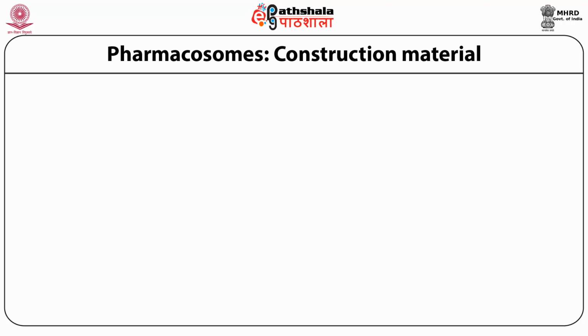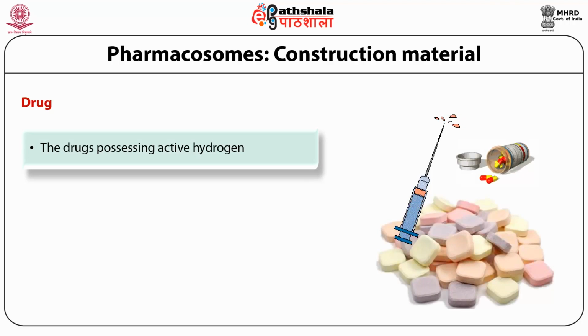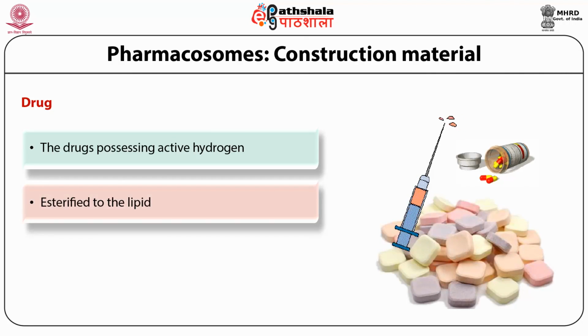Construction material. The construction material that we use in pharmacosomes includes drug, solvent, and lipid. So first of all, I'll discuss the drug. Drugs possessing an active hydrogen atom may be esterified to the lipid with or without a spacer chain, which in turn promotes membrane, tissue, or cell wall transfer of the drug in the organism.